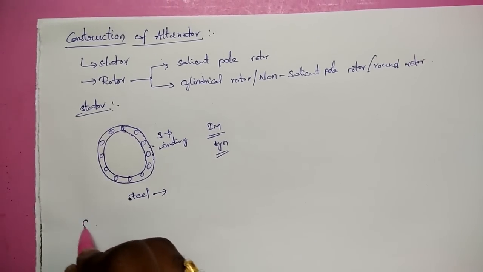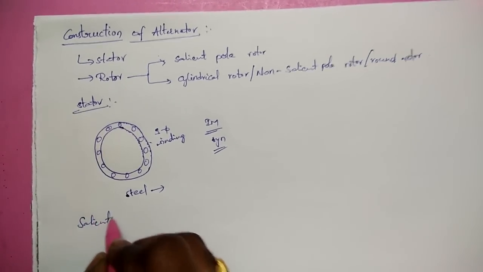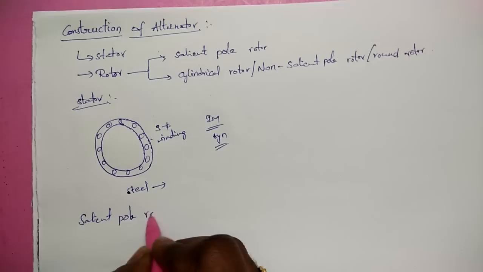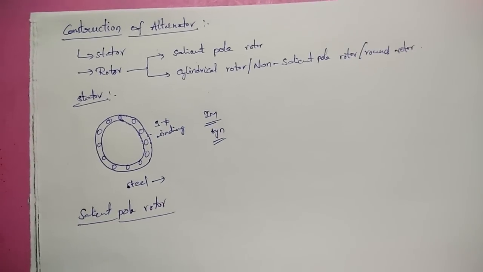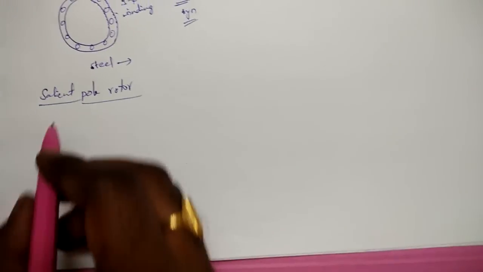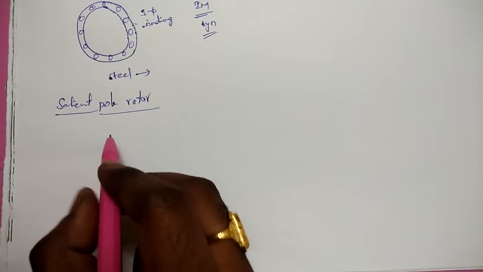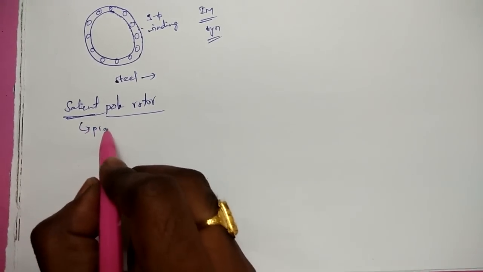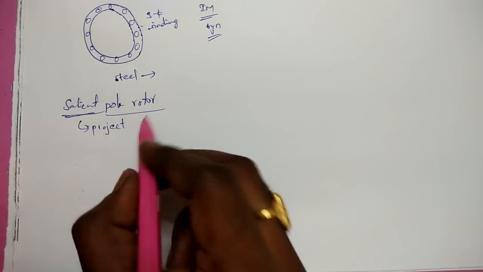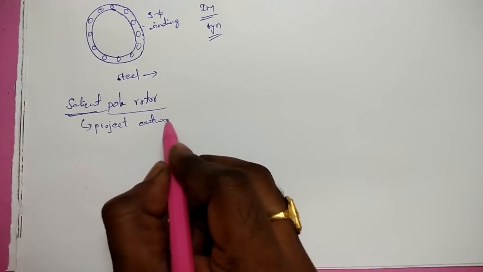In the rotor, first the salient pole rotor. Salient means projecting outward.